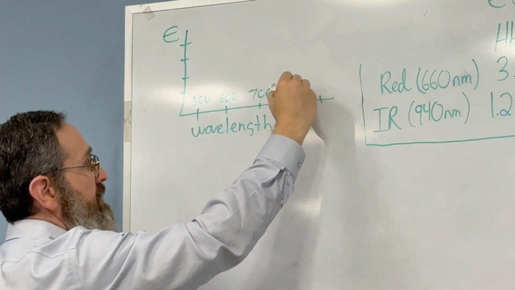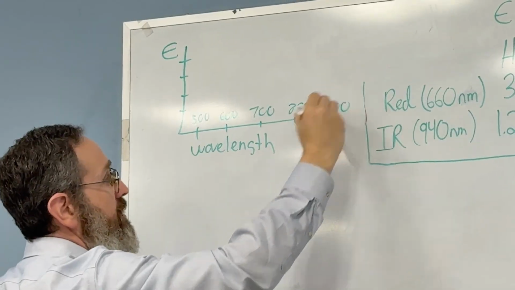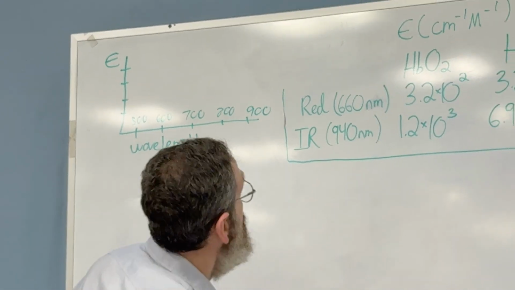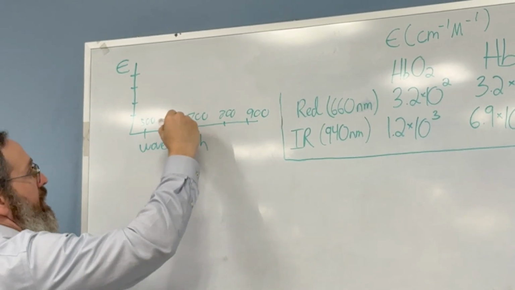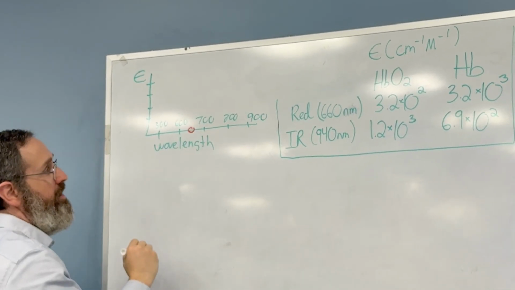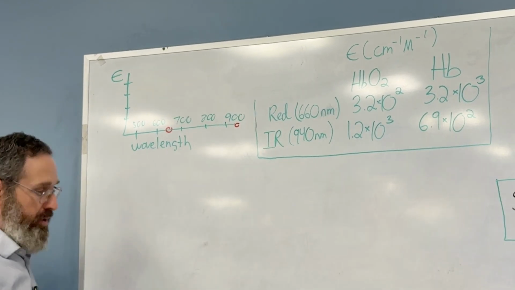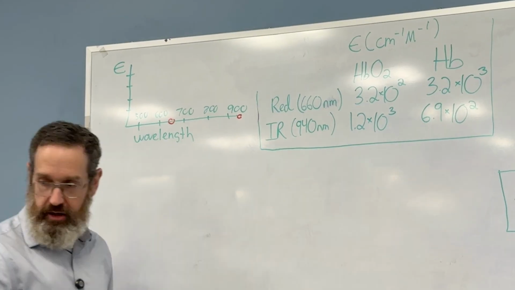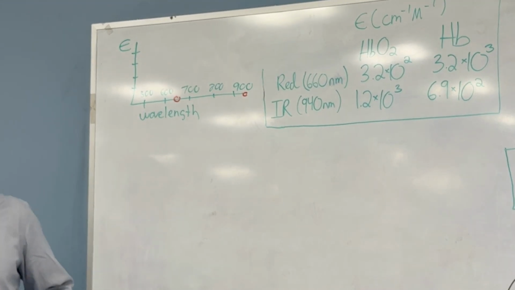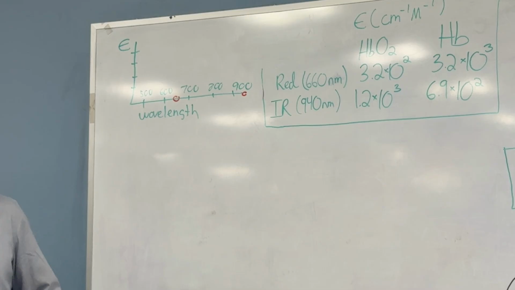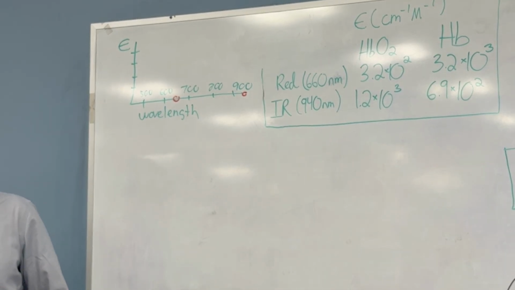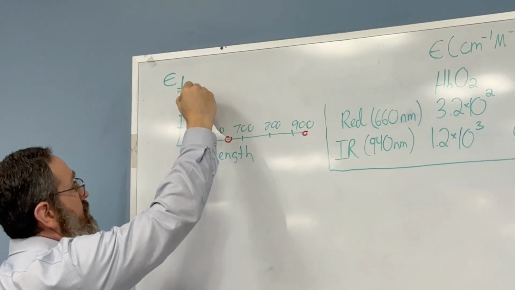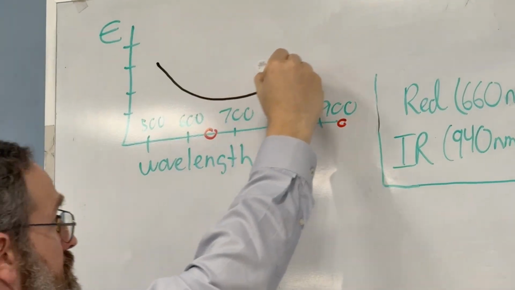The numbers you'll see will be things like 500, 700, 800, 900. And so, for example, we know that red is at this point here, and infrared is at this point here, all right? And there will be a plot for both hemoglobin and oxyhemoglobin, where oxyhemoglobin is going to look something like that.